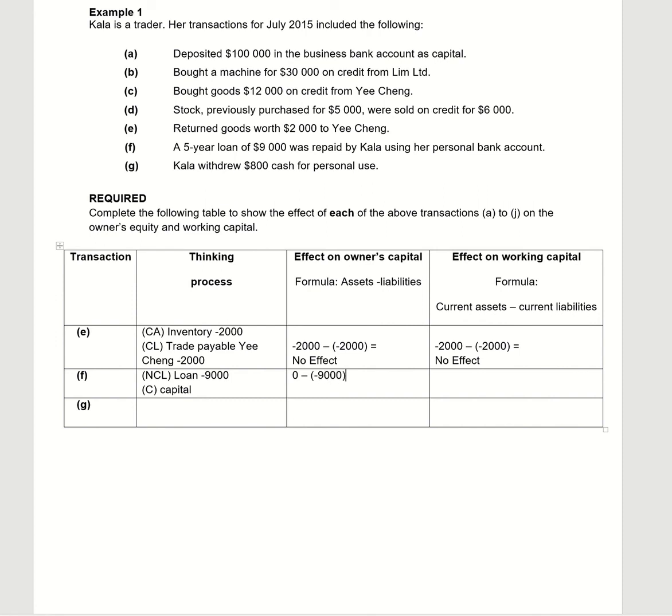So what is the overall impact on your owner's capital? In math, minus the minus, what do you get? It's actually a positive. So in fact, your owner's capital increased by 9,000.